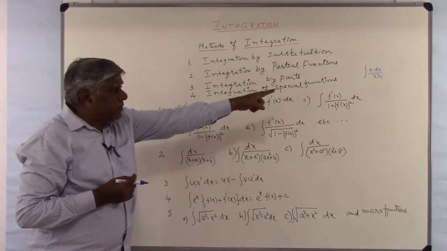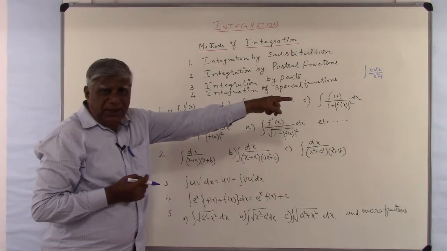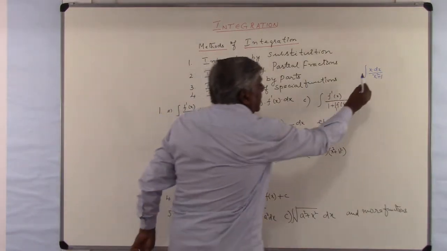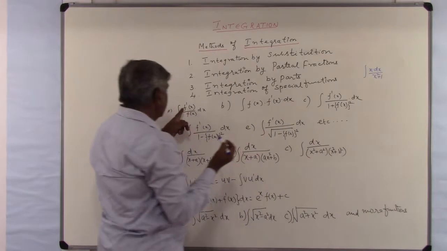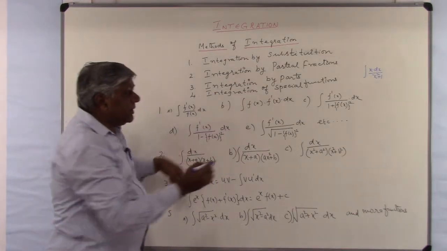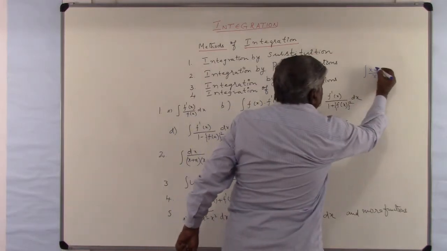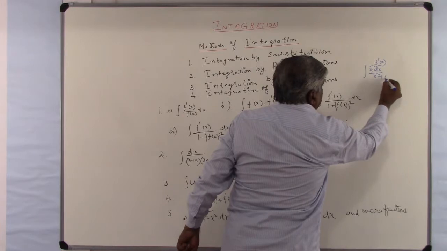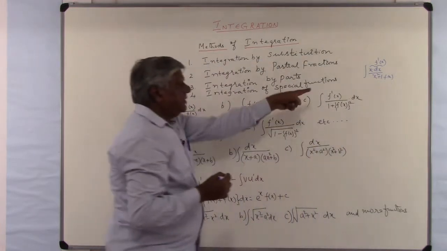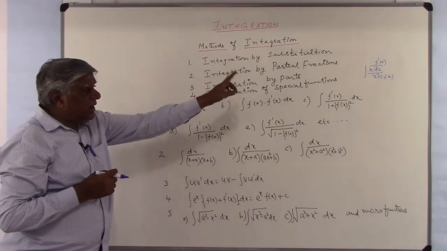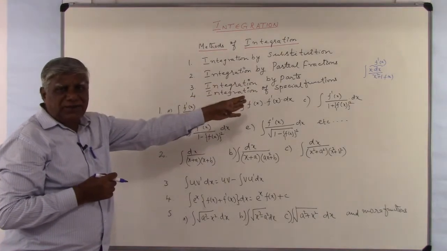If you put x square plus 1 is equal to t, what is the differentiation of x square? It is 2x dx. Are we not getting f dash x dx? This becomes f dash x and this becomes f of x. So that is how this method is explained. Later on we can apply the formula and get the answer very easily.